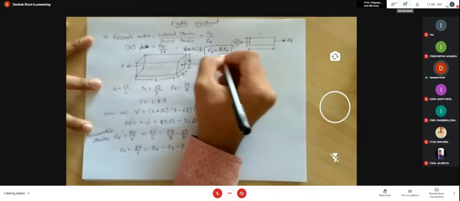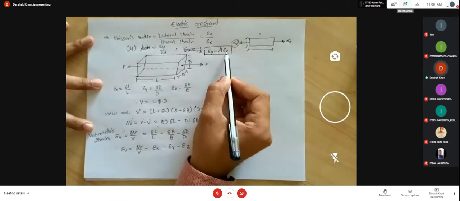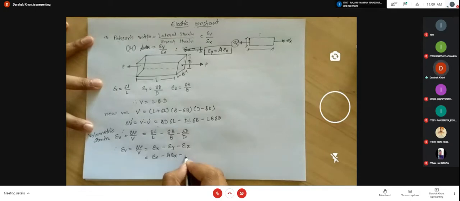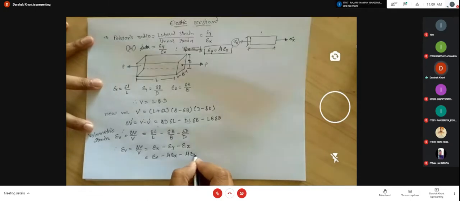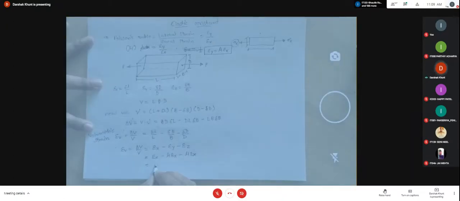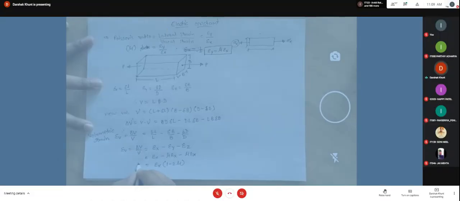So if you find the strain in any other direction, you have to multiply the Poisson ratio with the longitudinal strain. So here, instead of strain in y and z directions, we have put in terms of x. So minus mu into strain in x, minus mu into strain in x. Okay. So we get epsilon x, that is strain in x direction, into 1 minus 2 mu. That is the volumetric strain.